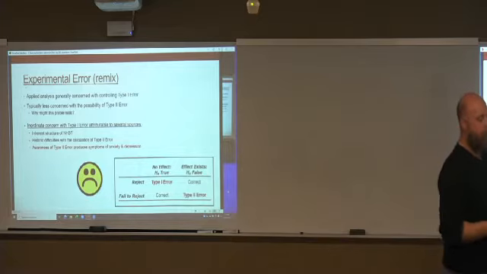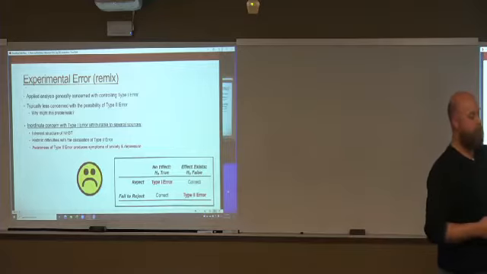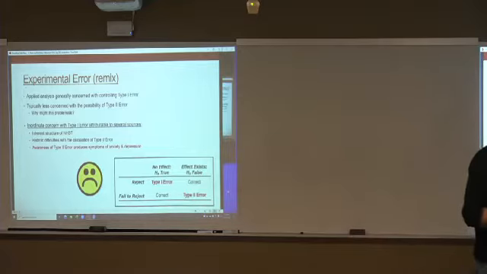Okay, so with type 2 error, we make the mistake of saying that there isn't an effect in a study when there is one. And then with type 1, we say that there's an effect when there isn't. Type 2 errors, this is where we're underpowered.